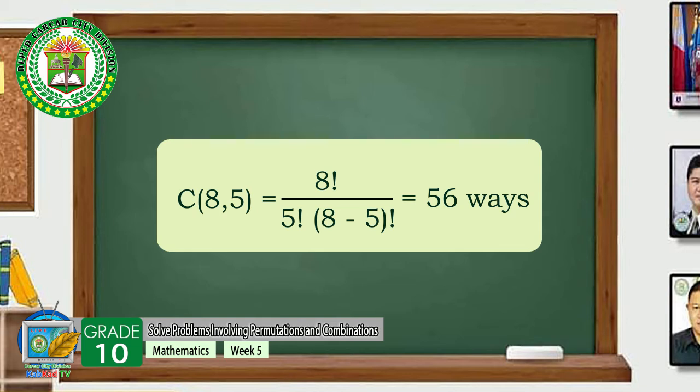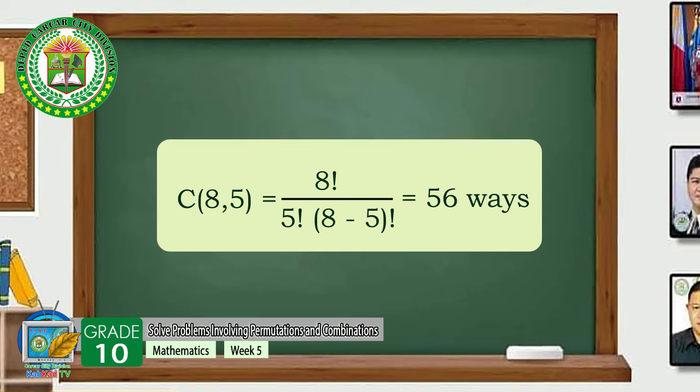So that will be 8 factorial all over 5 factorial times 3 factorial. And 8 times 7 times 6 times 5 times 4 times 3 times 2 times 1 all over 5 times 4 times 3 times 2 times 1 times 3 times 2 times 1, and cancel all common factors.